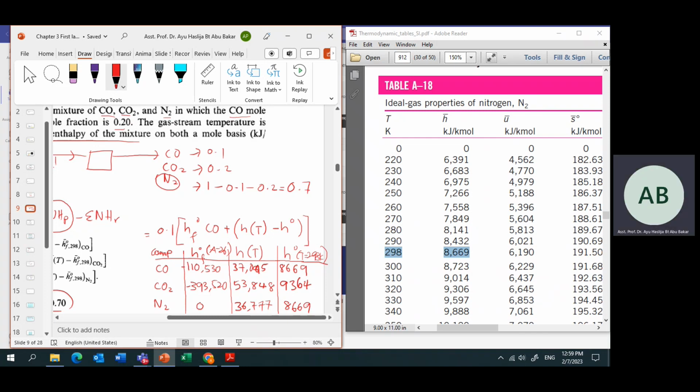Okay, let me know if I go too fast. We see here the enthalpy at 298 for N2 is similar to CO. Let's double confirm the enthalpy at 298 for CO. Let's check back.